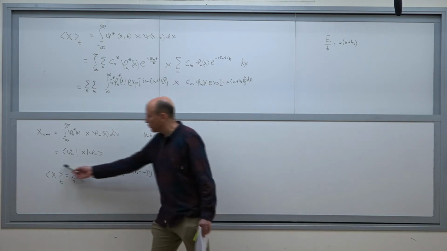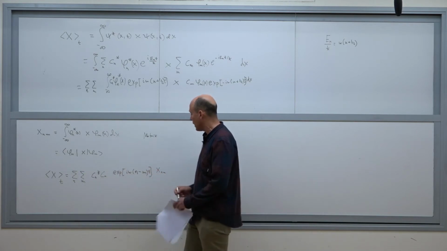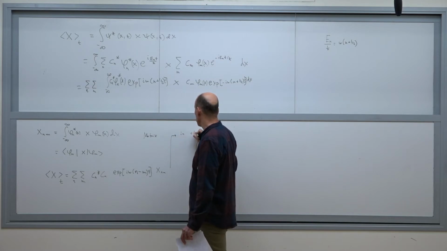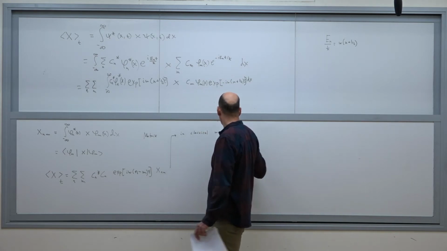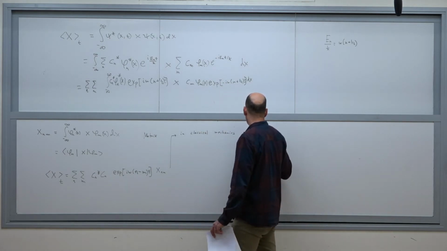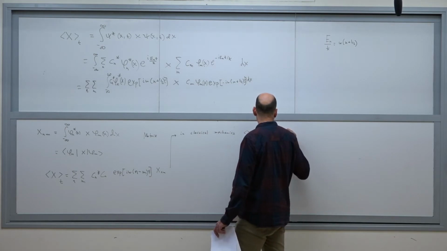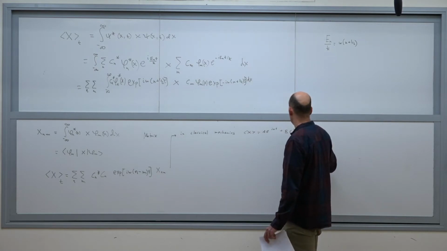I know that this average, from Ehrenfest's theorem, is going to be the same as the classical one. And in classical mechanics, as we already wrote, the average of x is A e^(i omega t) plus B e^(minus i omega t), some numbers with the right units.